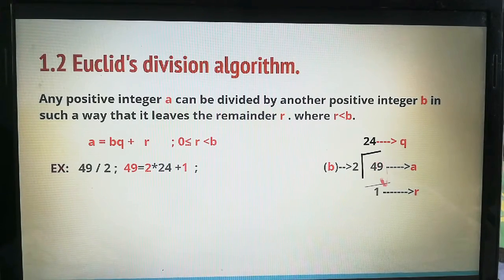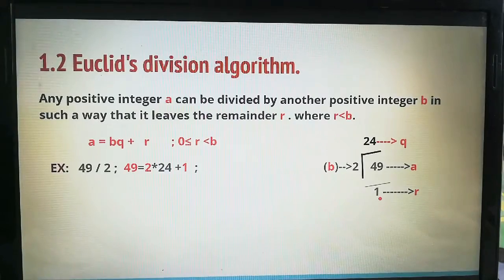For example, if we take a positive integer 49 as a and b is 2, we'll get the quotient 24, since 2 24s are 48, and we'll get the remainder as 1.